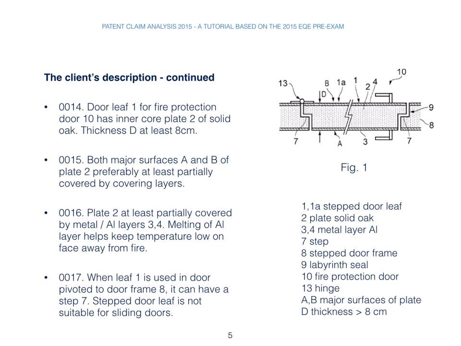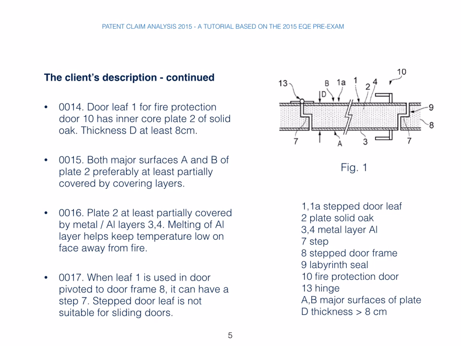Paragraph 14 states that a door leaf for fire protection has an inner core plate 2 of solid oak, and the thickness is at least 8 centimeters, and it must be 10 centimeters for other types of wood.